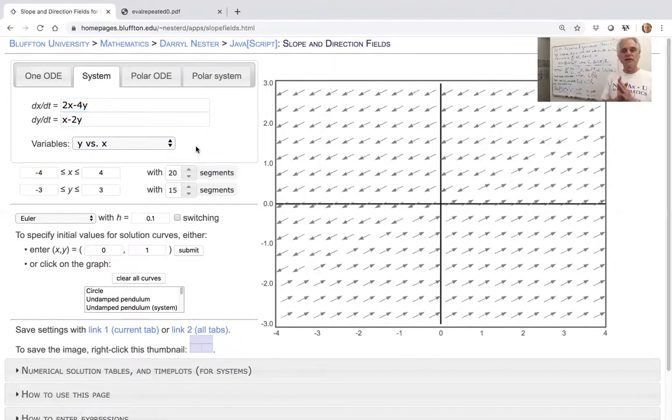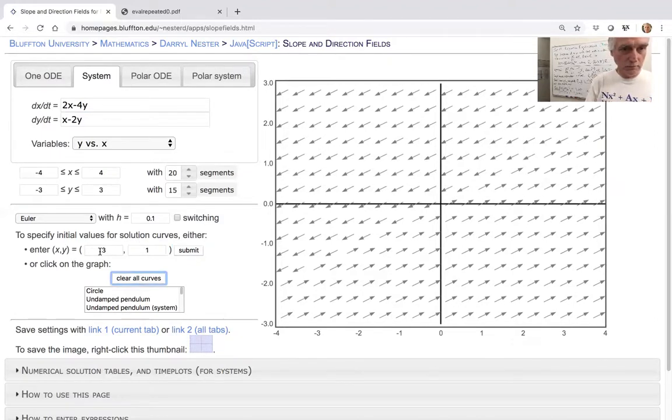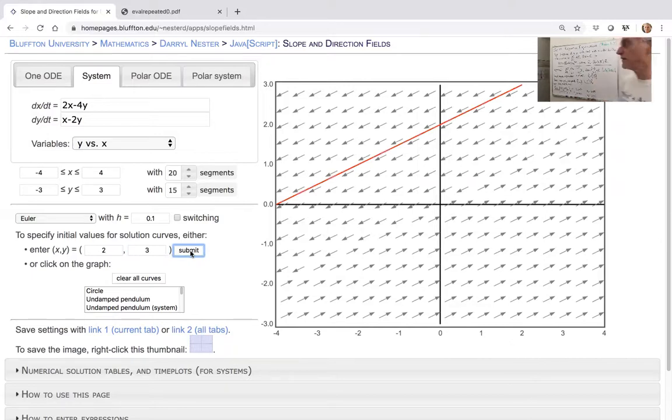All right, and then the initial condition is 3, 1. Right? So, okay. No, it isn't. It's 2, 3. Okay, that's more like it.